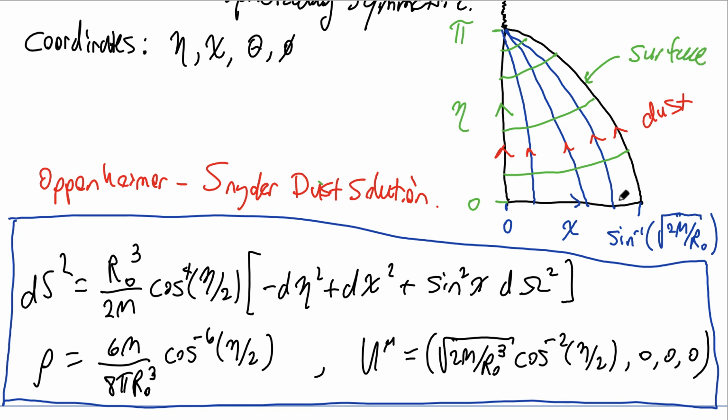And from the interior, it's given by the coordinate value chi equal to sine inverse of square root of 2m over r naught. So the three-dimensional geometry of this surface is obtained by inserting chi equal to this value into the line element here. If we do that, then of course d chi squared vanishes, and sine squared of chi is just the square of square root of 2m over r naught. So that's 2m over r naught, which partially cancels these factors.